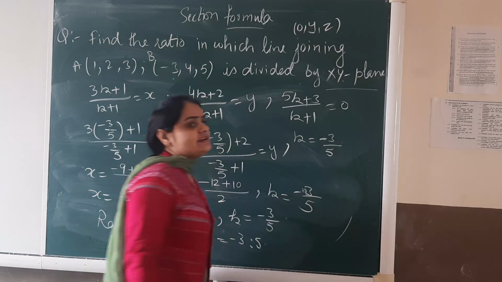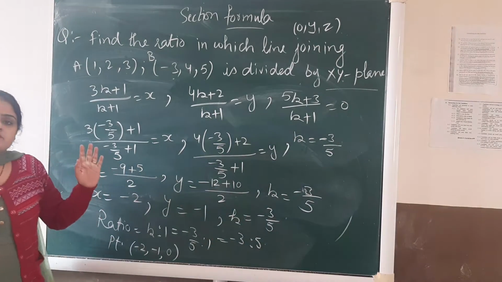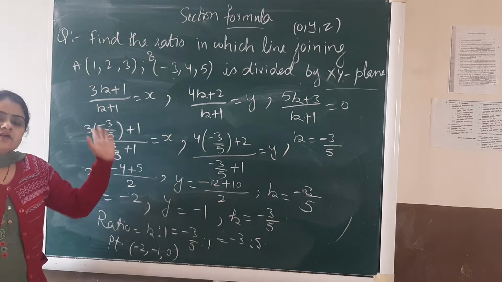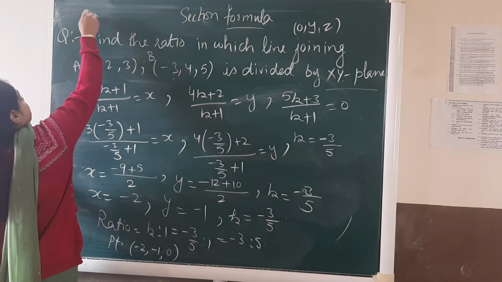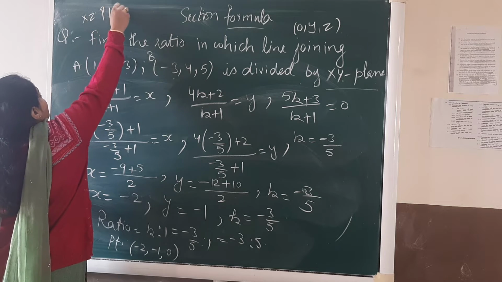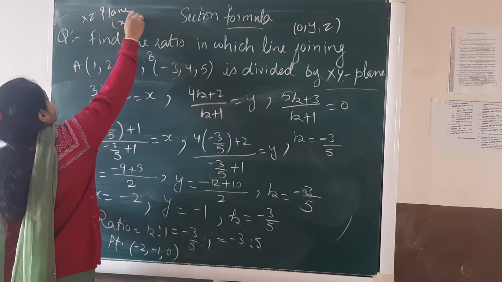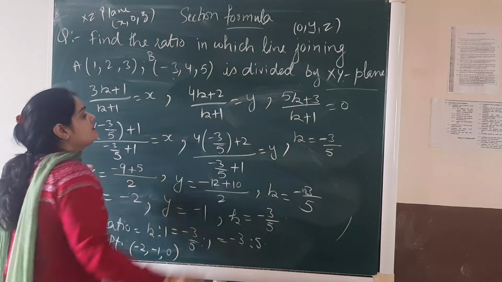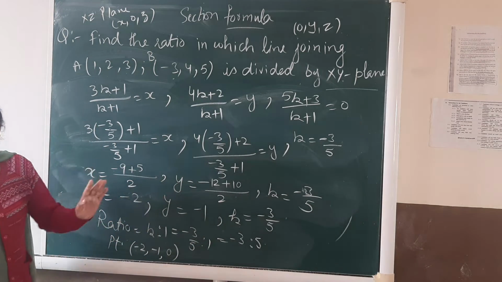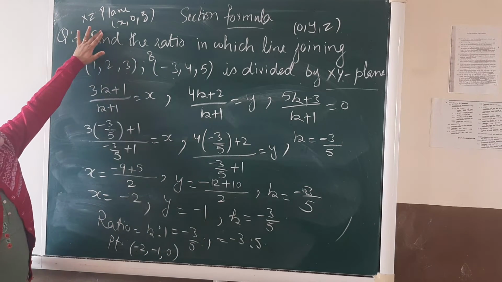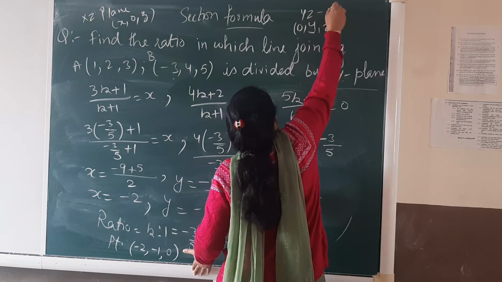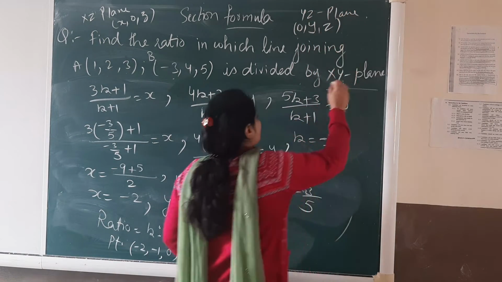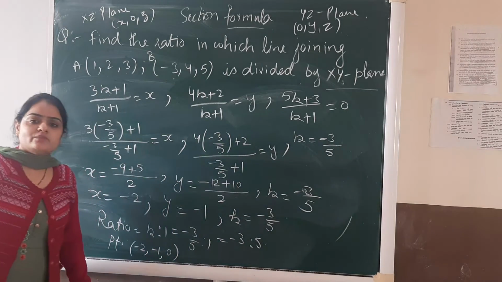Of course, on the yz plane the x coordinate will be 0, and similarly on the xz plane, y will be 0, so the point will be x comma 0 comma z. So this is the point on the xz plane, this is the point on the yz plane, and on the xy plane it is x comma y comma 0.